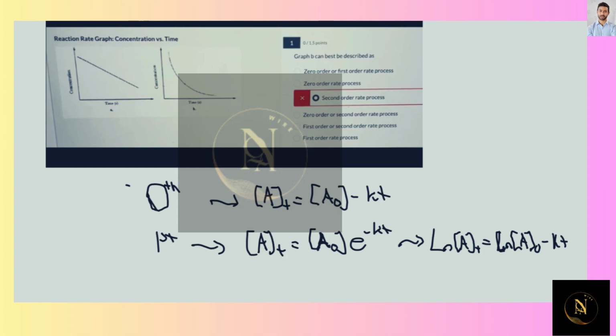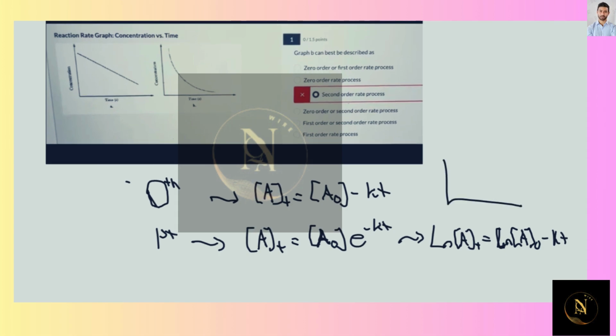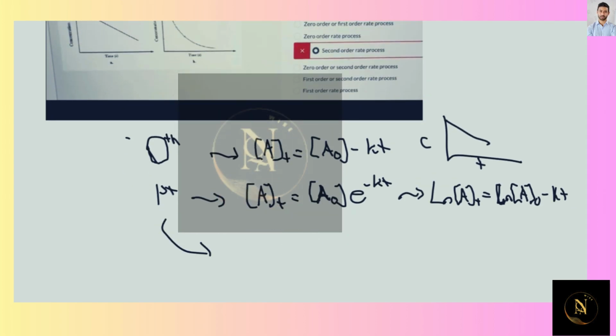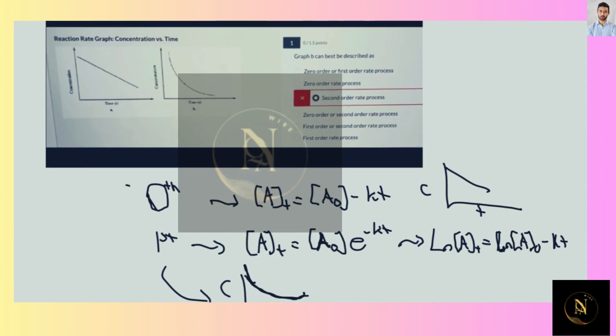So in this case, the shape of the graph of concentration versus time in the first one is going to be a straight line with a slope equal to minus k. And for the first order reaction, what we're going to see is that the concentration is going to decay in an exponential fashion. So in this case, for graph B, the process could be a first order rate process.